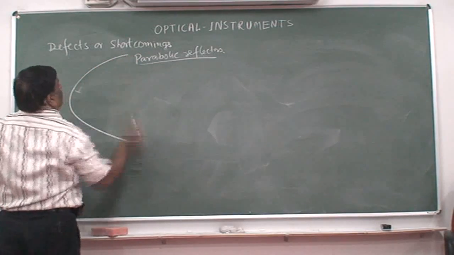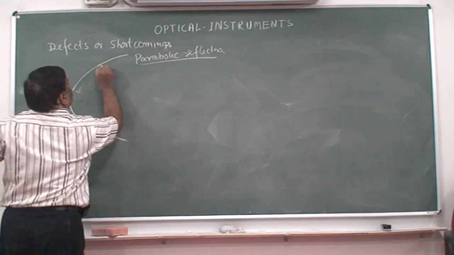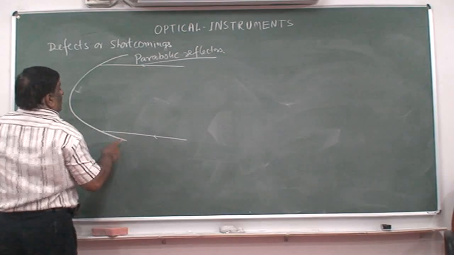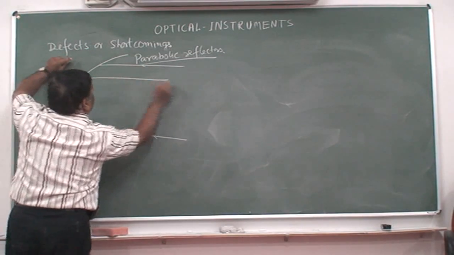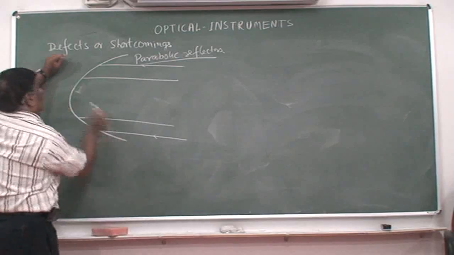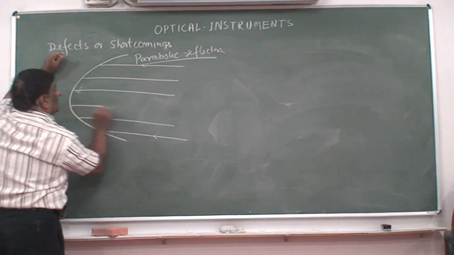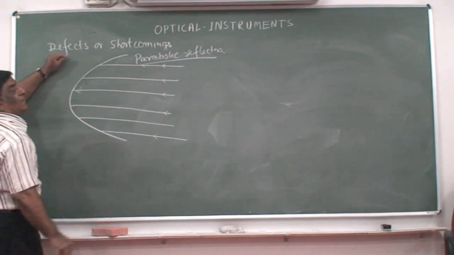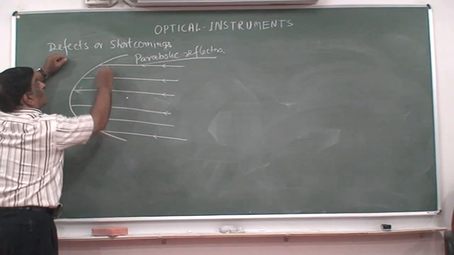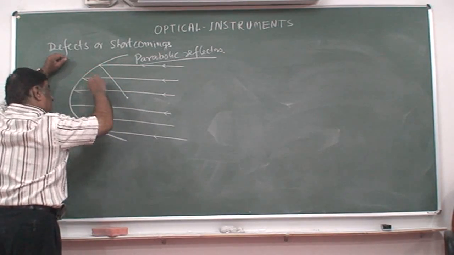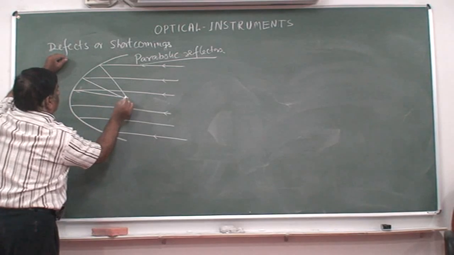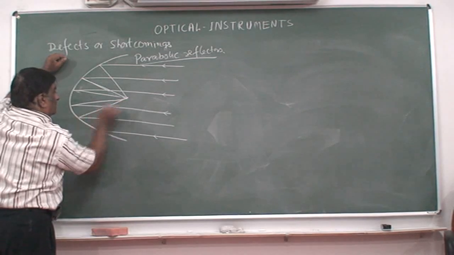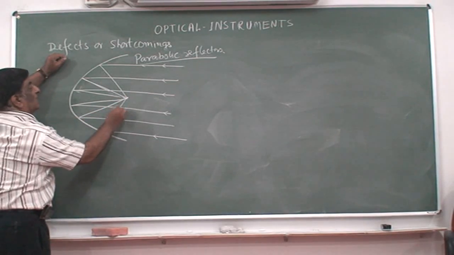In a parabola, as you might have studied in mathematics, otherwise remember it: the parallel rays coming to the parabola, whether they are at the corners, at the middle, or close to the pole, all these rays will meet at a single point called the focus. So what is removed?